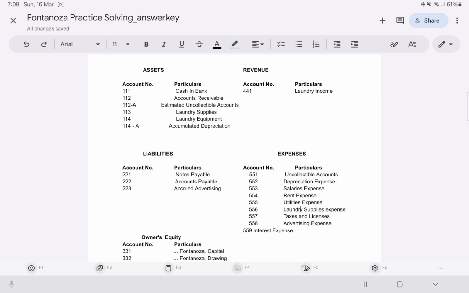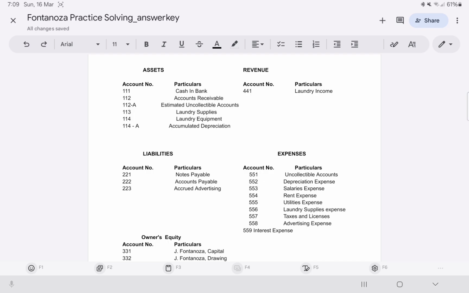So just indicate those accounting titles in the general ledger. And just keep one page, back to back, of your general journal transactions, because we will indicate there the adjusting entries and closing entries, if we are going to continue this problem after the midterm exam, or maybe in the next meeting.